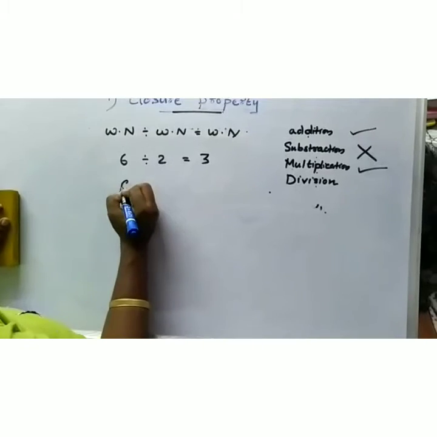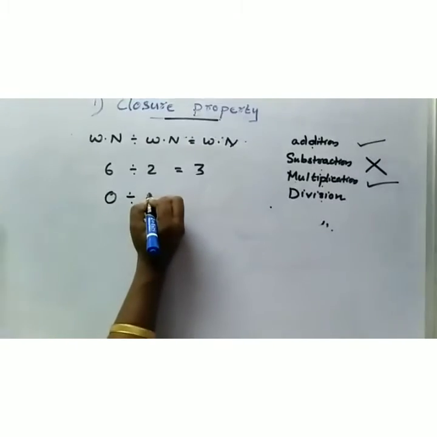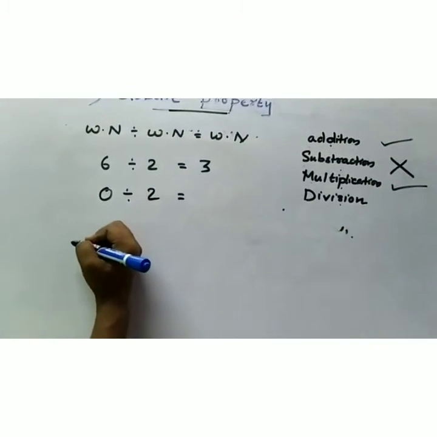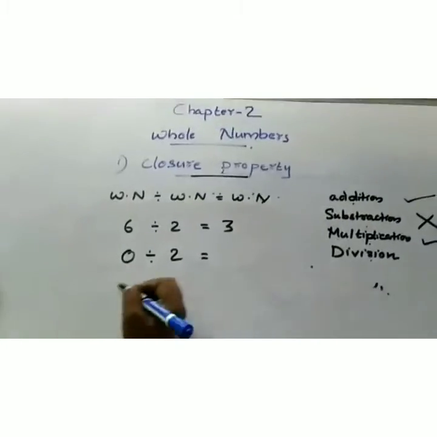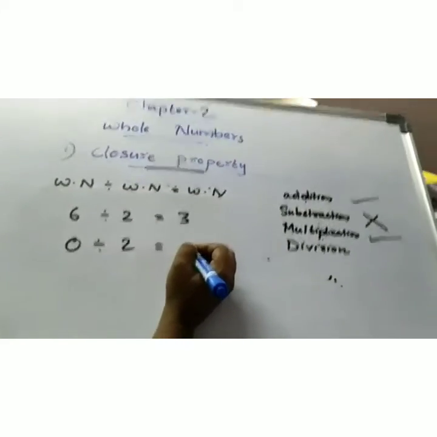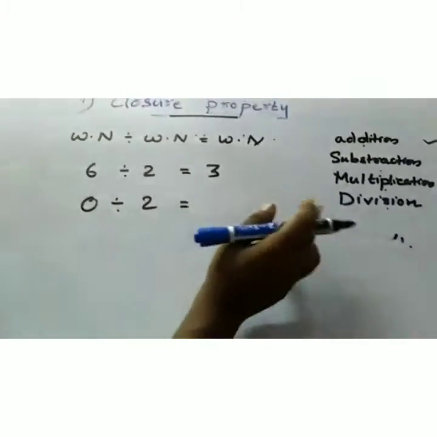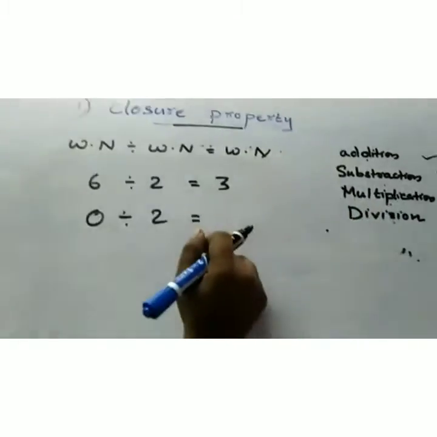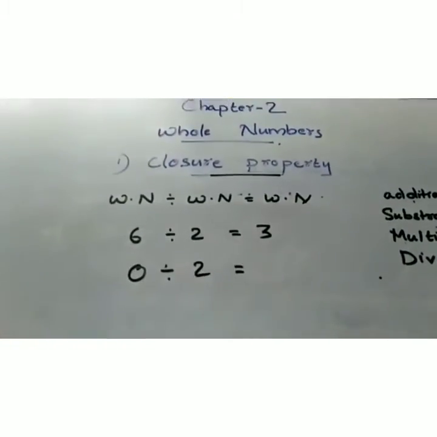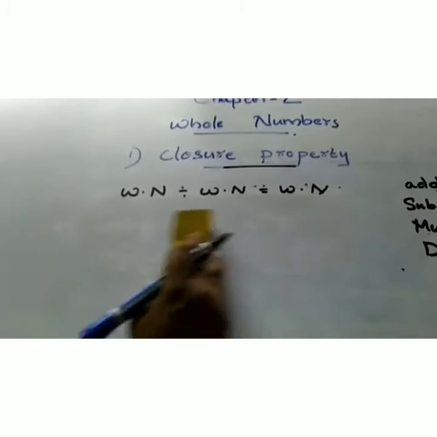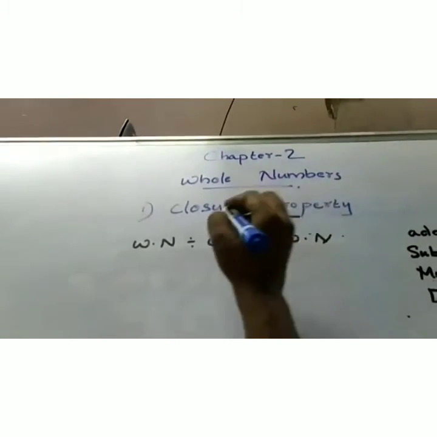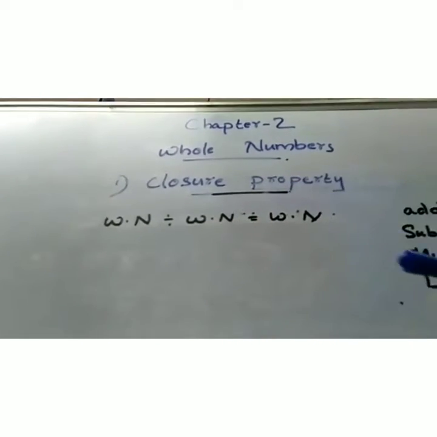Then one more example, 0 divided by 2. What's the answer? It's not defined. It's not a whole number. That means the closure property is not followed by division.